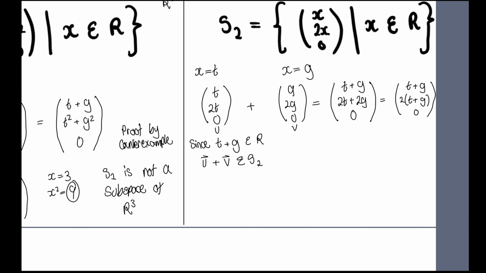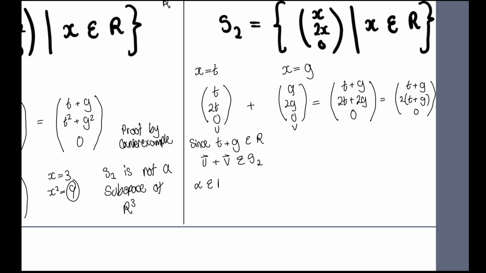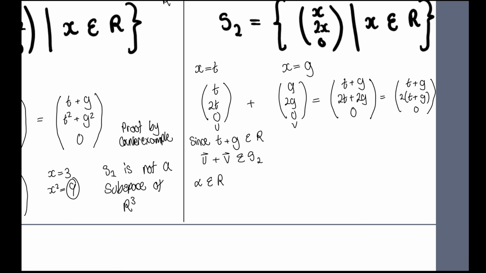We now need to see if this is true on the scalar multiplication. So if we have alpha, which is a real number, and the vector x, 2x, 0, then multiplying by alpha, if we call this vector x, we get alpha x, 2x, 0, which we can write as alpha x, 2 alpha x, and then 0.